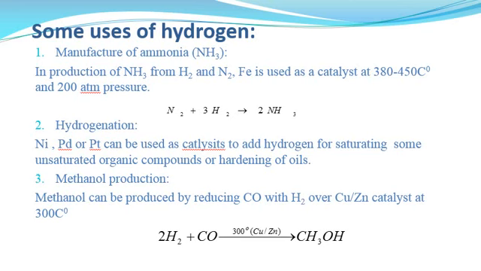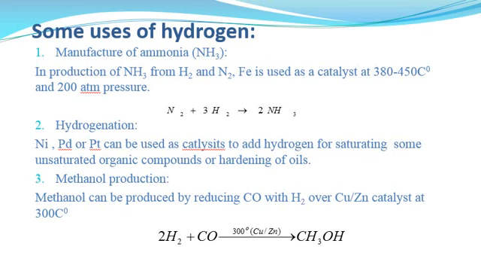Hydrogen has so many uses in our daily life, such as manufacture of ammonia. Ammonia is mainly produced from the reaction between nitrogen and hydrogen.